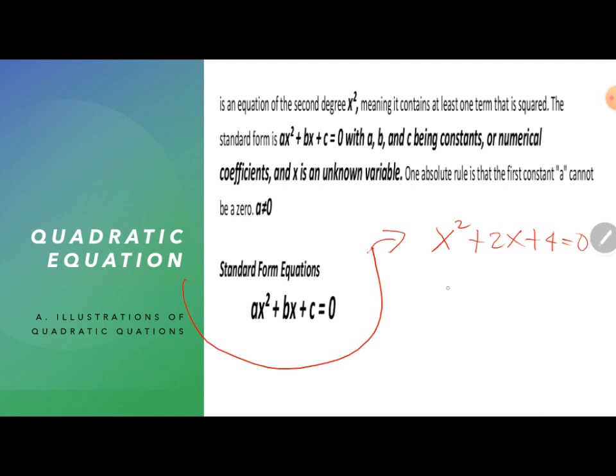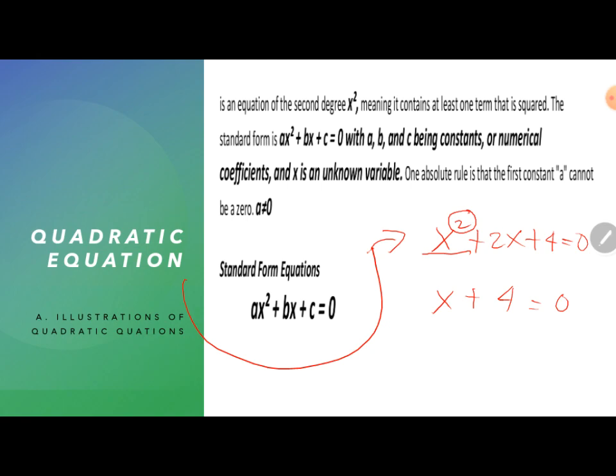Now, how about this one? Can this be considered as a quadratic equation? Okay, now, it's not a quadratic equation. So we're going to always remember, it can be considered as a quadratic if it contains a degree of 2 in the term.